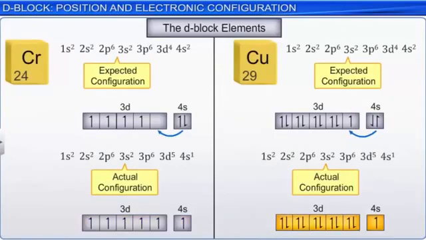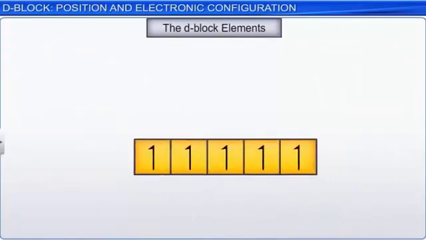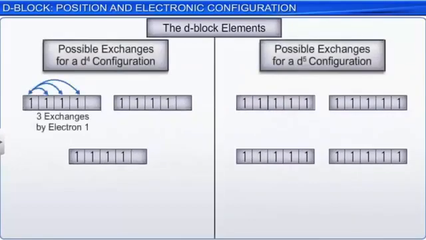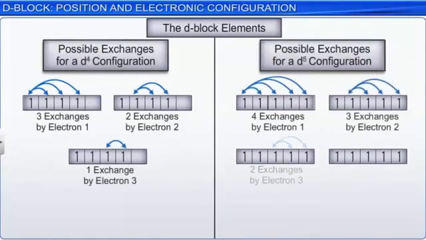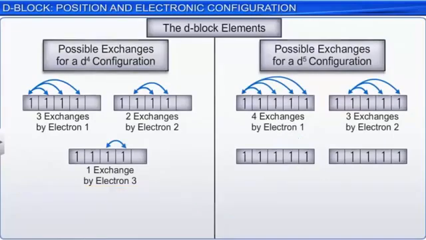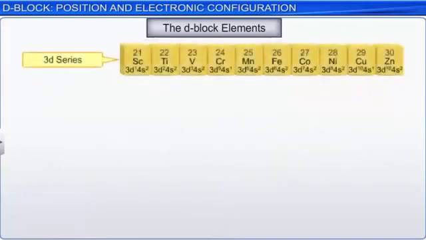This is due to the fact that half-filled or completely filled orbitals impart greater stability to an atom because of the greater exchange energy. A consequence of this factor can be seen in the electronic configurations of chromium and copper in the 3d series.